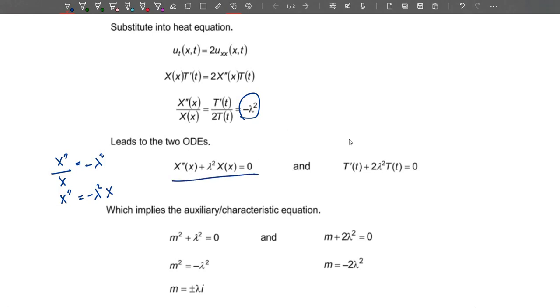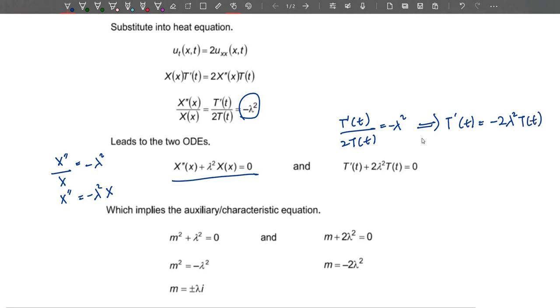And this part is actually like this: T'(t) over 2T(t) is equal to negative lambda squared, which means it can be rewritten as T'(t) equal to negative 2 lambda squared T(t).